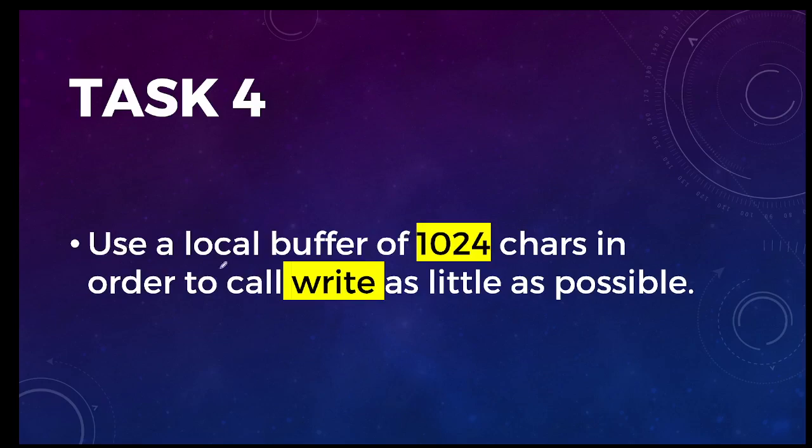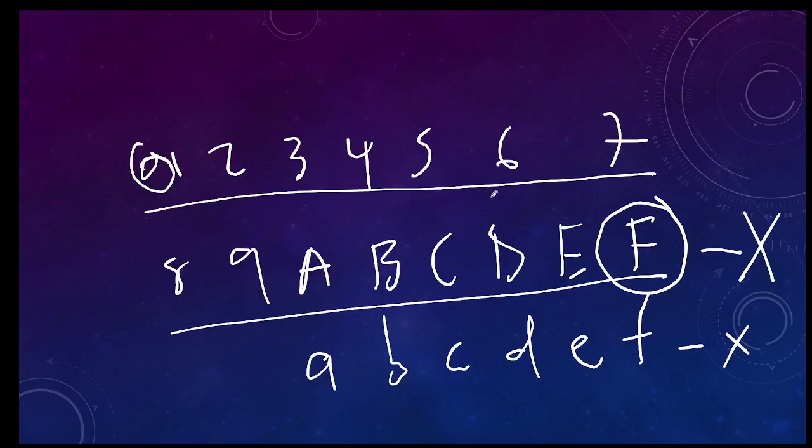Now for the fourth task, you are asked to use a local buffer in order to call the write function as little as possible. What does that mean? Remember that the write function is what you're going to be using to write text to your standard output, and you already know the notation for the write function and how it works.